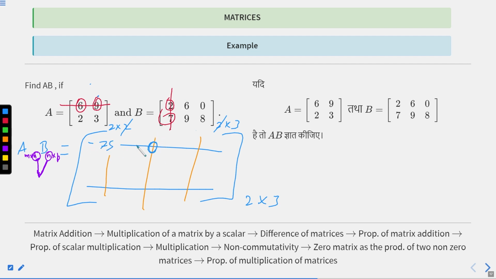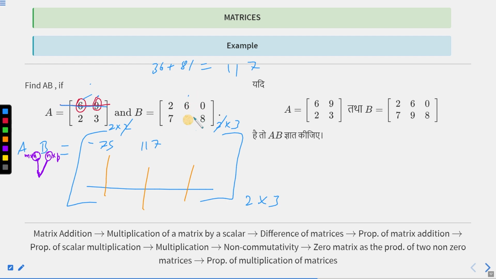As you can see, this horizontal line is fixed, but this vertical line is now at the second column of B. From this logic you can also understand what is being done in matrix multiplication. Now 6 multiply 6, 9 multiply 9. You will have 36 plus 81, which means 117. If I am doing the calculation wrong, please do the correct evaluation on your own.